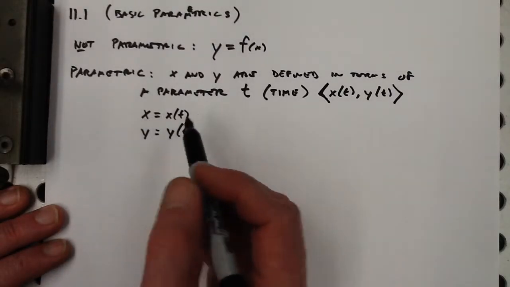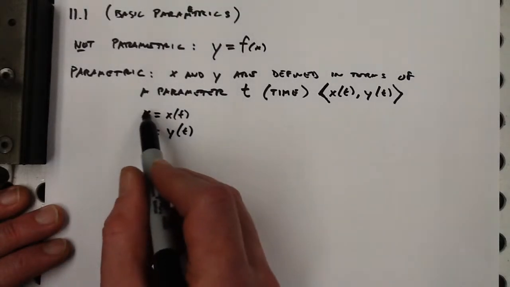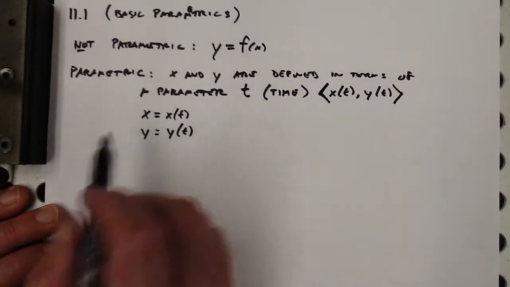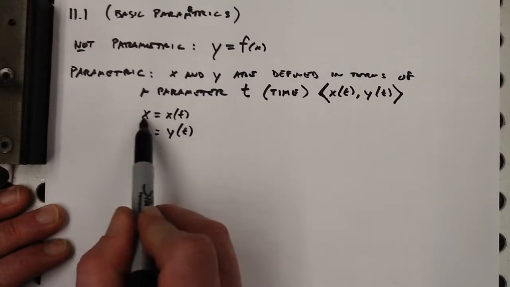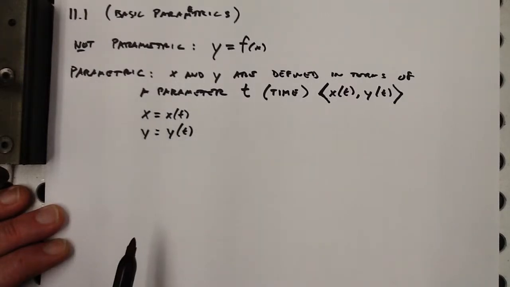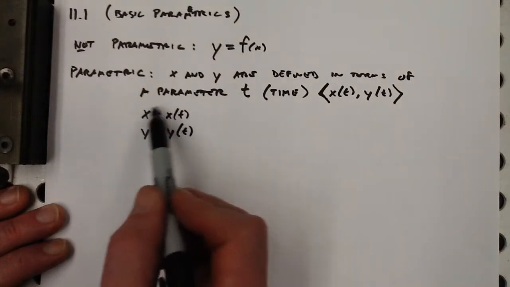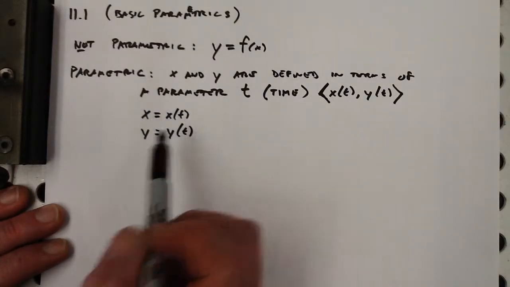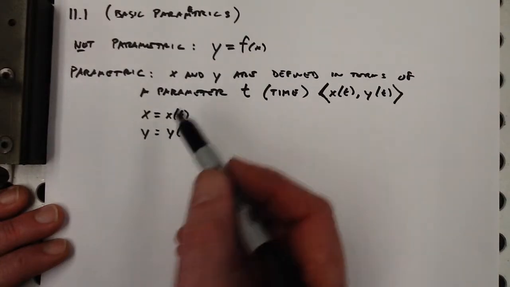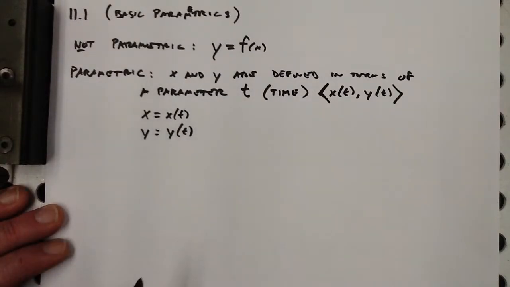Well, in any kind of two-dimensional motion, if the x and y coordinates are changing independently with time, for example, in projectile motion, this is linear and this is quadratic. In uniform circular motion, these are both trig functions, but not the same trig function. And lots of situations where we might want to do this. You could have three-dimensional parametric equations also if you had a z here, although we're not going to do that.